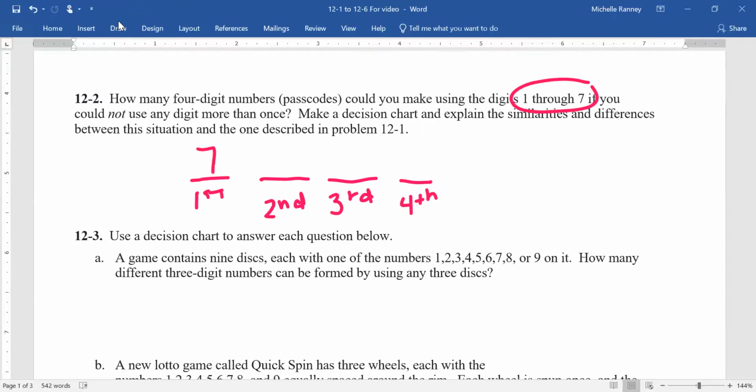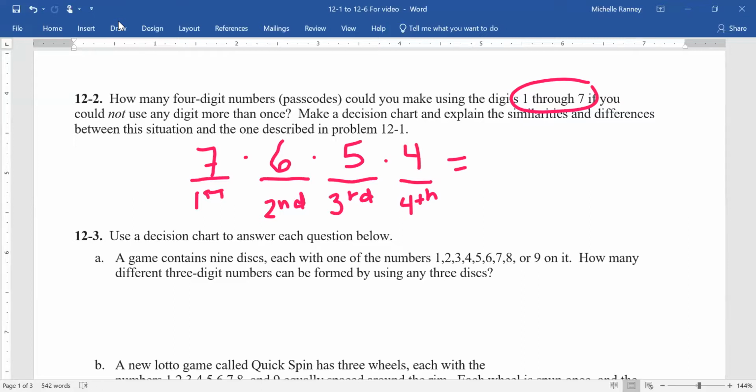So I have 7 choices for the first one. Now the second one, once I've used a number, I cannot use it again. So the second one, I no longer have 7 numbers to pick from. I now only have 6. And then for the next time, now 2 numbers are gone. So now I only have 5. And then I only have 4.